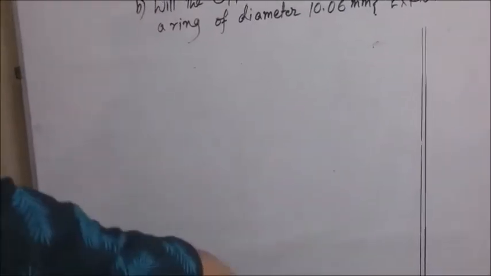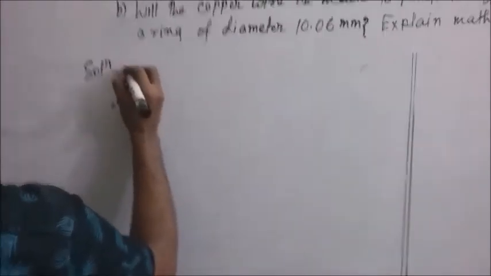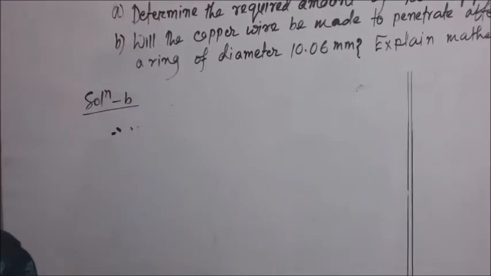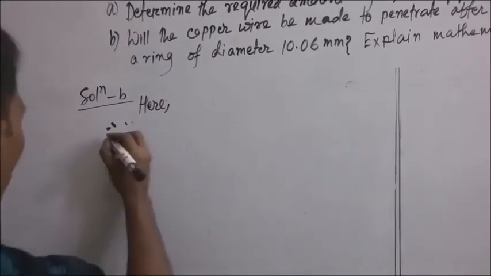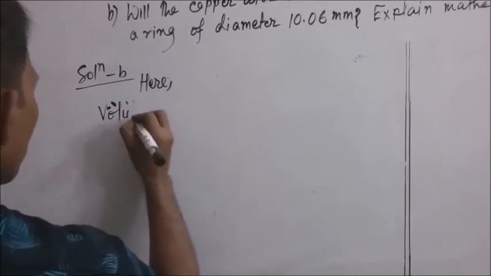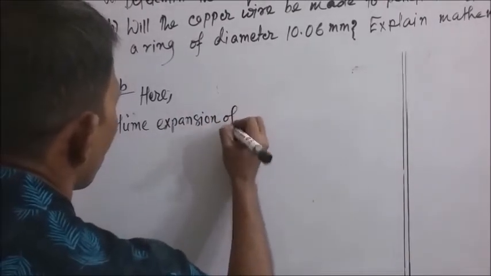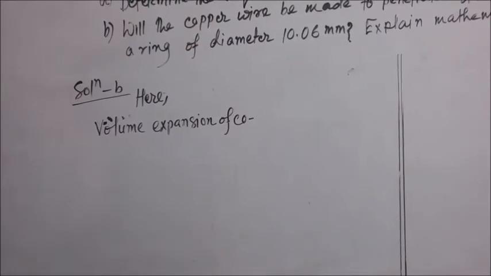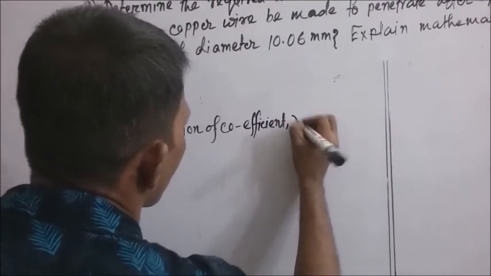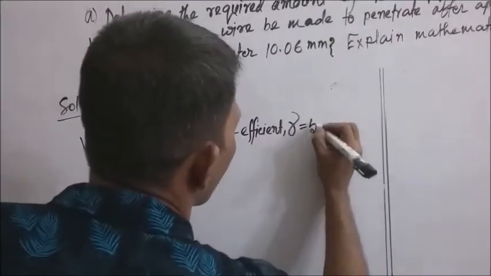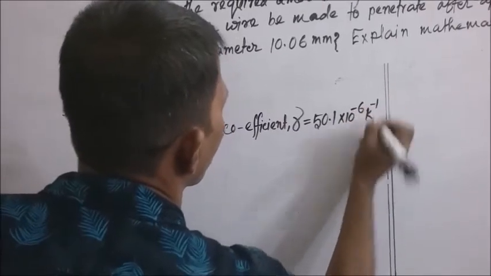Now solution of B. Here volume expansion coefficient gamma equal to 50.1 into 10 to the power minus 6 Kelvin inverse.